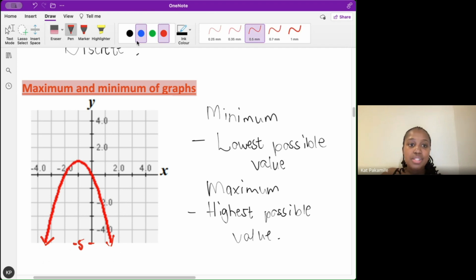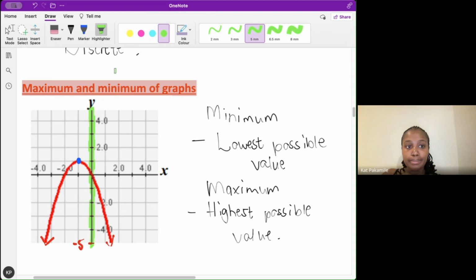So in a graph such as this one that we're looking at here, we have a turning point, which is over there. Is that point a minimum of this graph or a maximum of this graph? Now, one piece of information I have to give you is we always look at minimum and maximum as it relates to the y-axis.